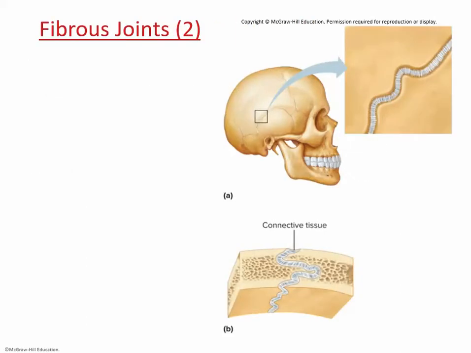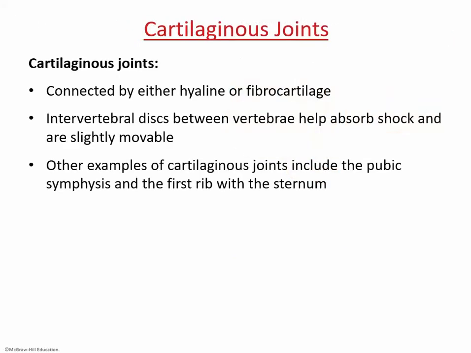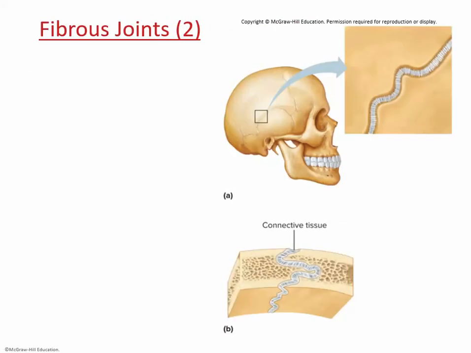So the suture of a skull is a type of fibrous joint. Right? Well, the fibrous joints that are held together with more ligamentous sort of things are called syndesmosis.